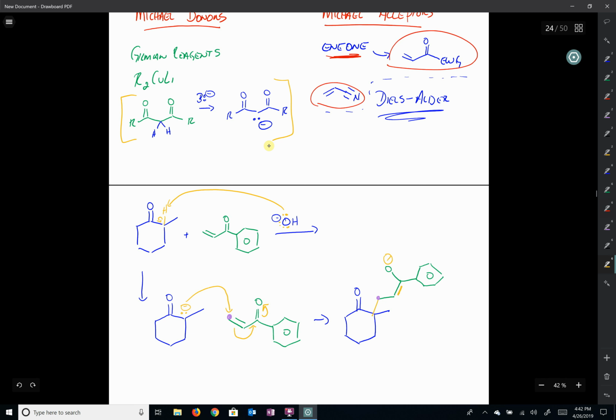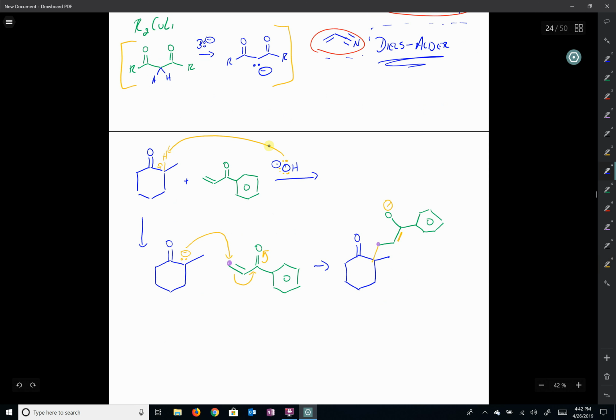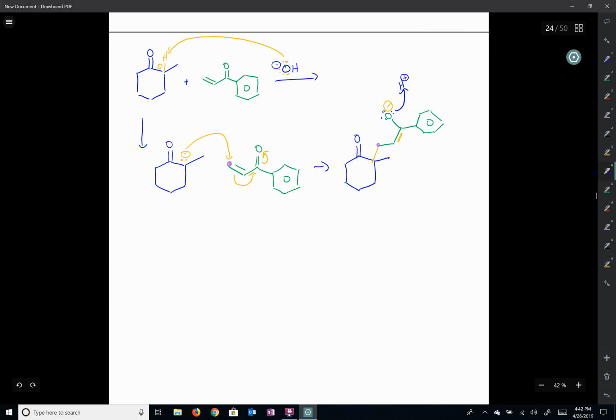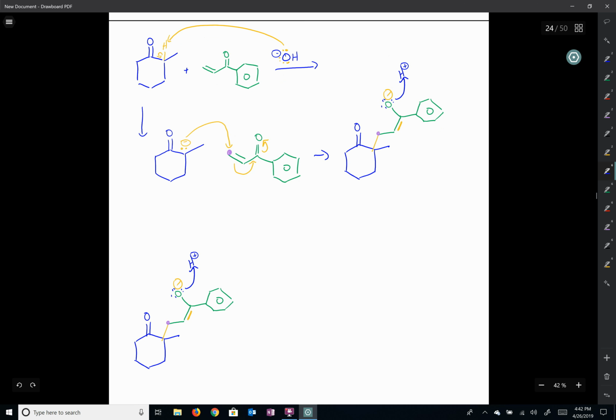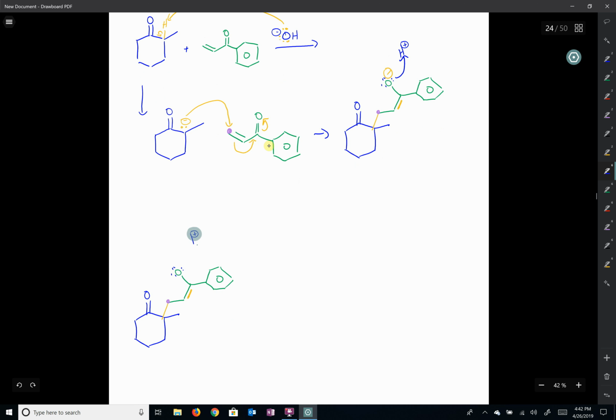And then if we have some kind of proton source in here, an alcohol or some water or something like that, then we can give this some kind of proton source to where we have that, which will tautomerize into our final product.